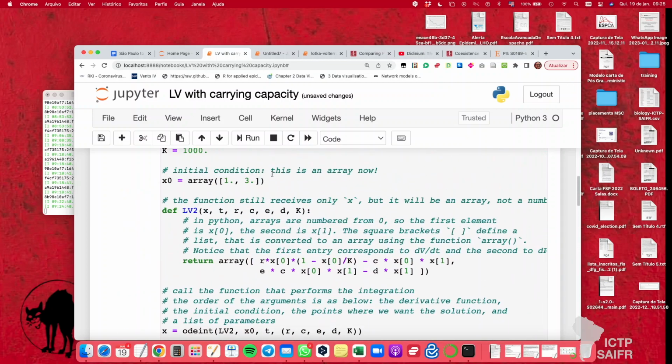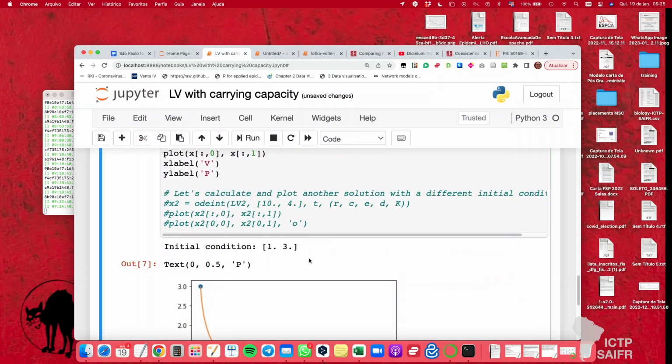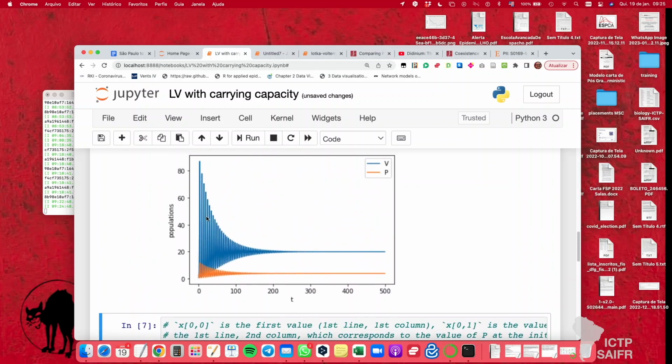So I run it for 100 times that, let me put 500, oh, too much. And then it becomes clear that you oscillate a lot in time, but you go to a fixed point. Nice, yes?